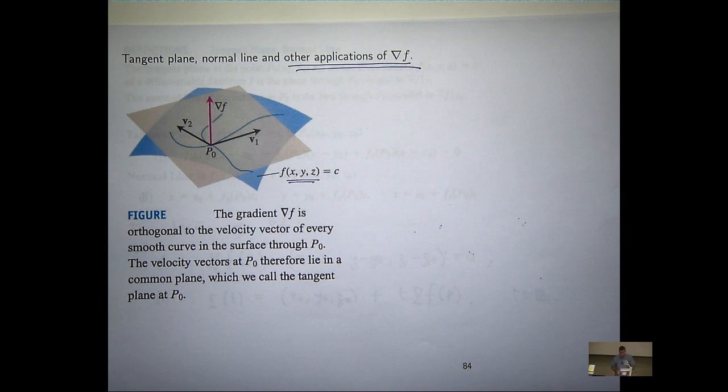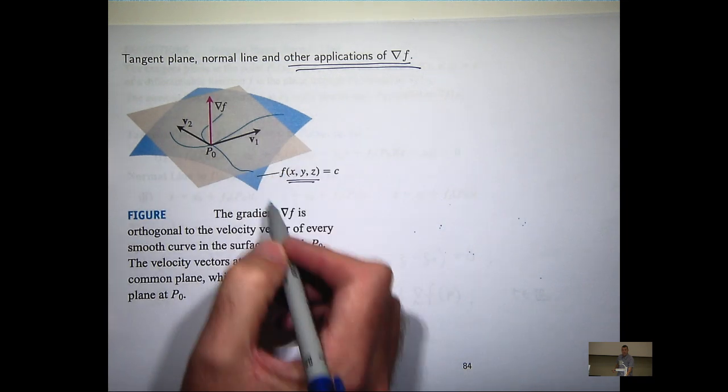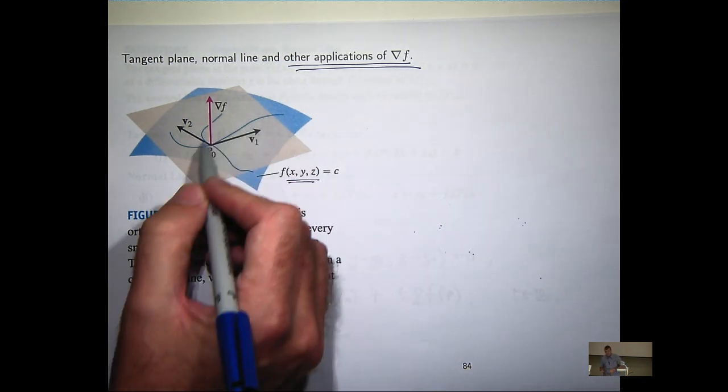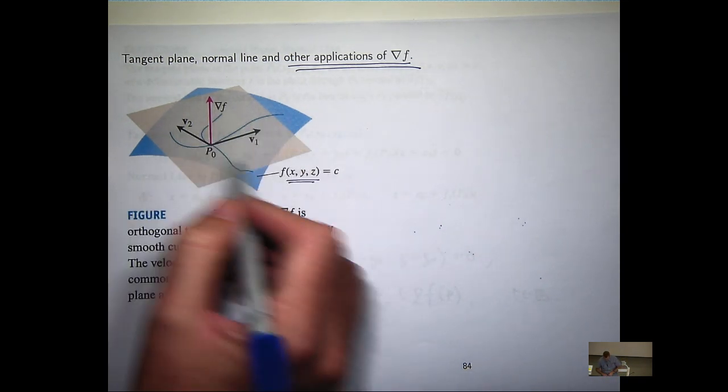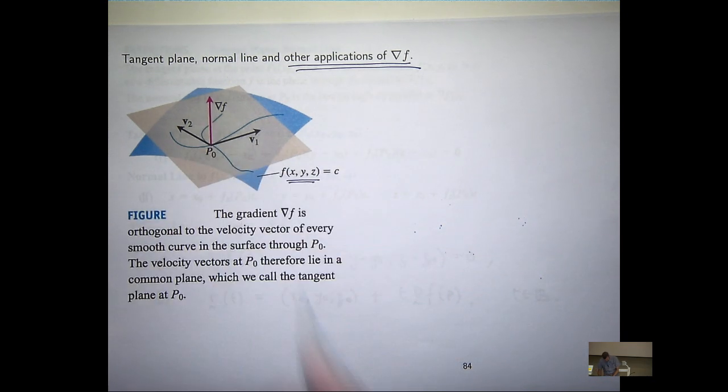Okay? So essentially, if you're working within this blue surface and you have any smooth curve, let's say I've got 2 smooth curves represented by these lines, I can produce 2 tangent vectors. That's what the v1 and the v2 vectors are.